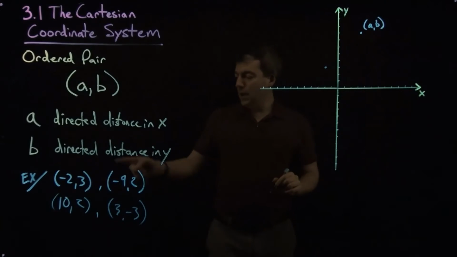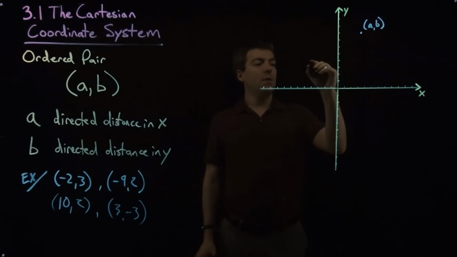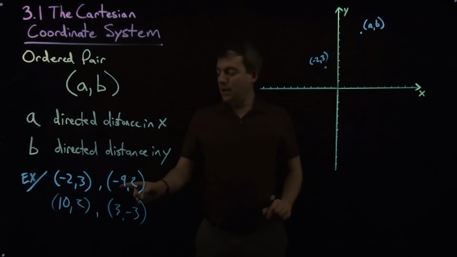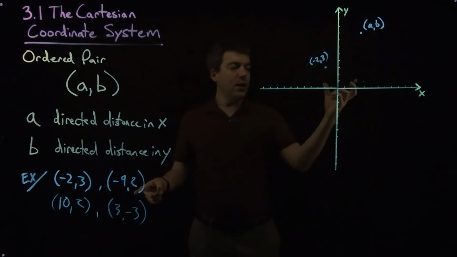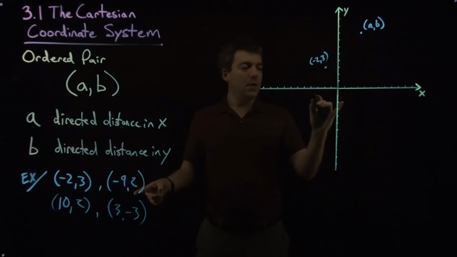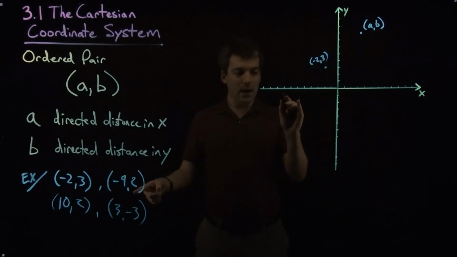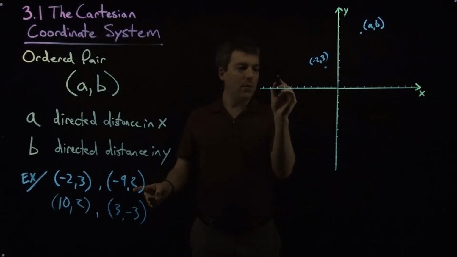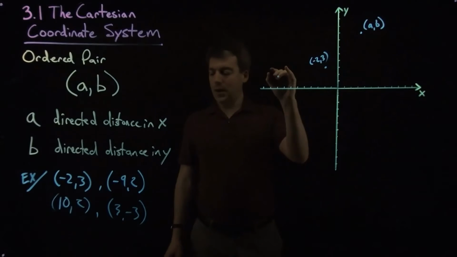There's our first point, -2, 3. All right, let's look at the next point, -9, 2. Here we need to go 1, 2, 3, 4, 5, 6, 7, 8, 9 in x and 2 in y. Here's the second point.